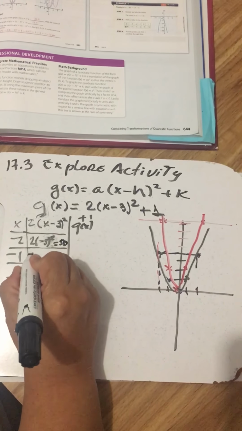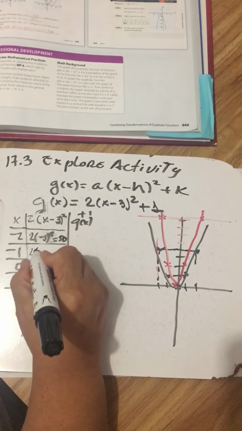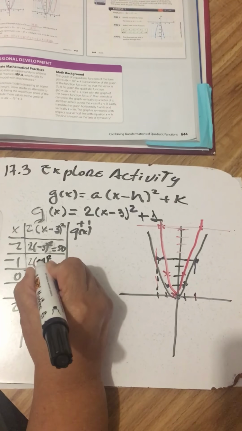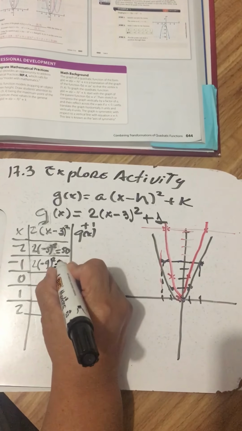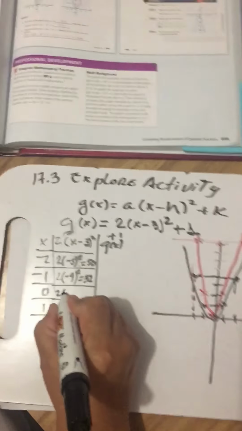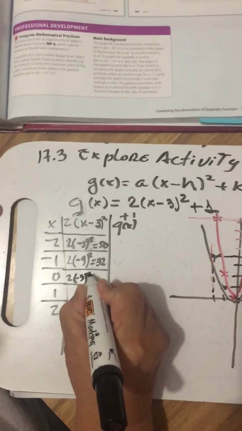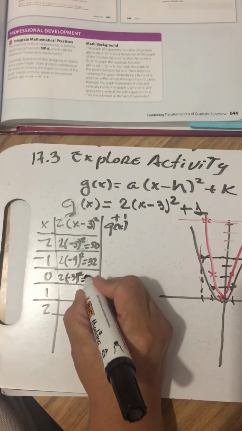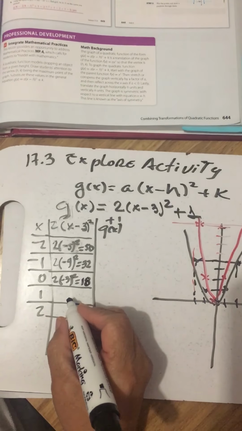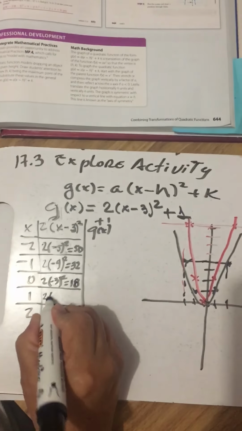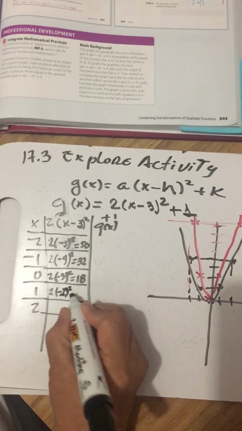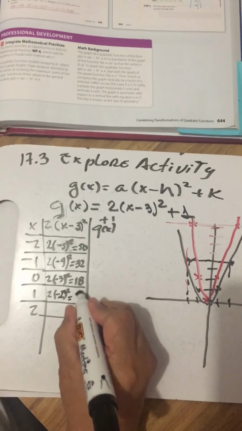Now here, for 2, minus 1 minus 3 is minus 4. The square is 16, then it's going to be 32. Now 2 minus 3 squared: 2 times 9 is 18. Now here, 1 minus 3 is minus 2, the square is 4, times 2 is 8.